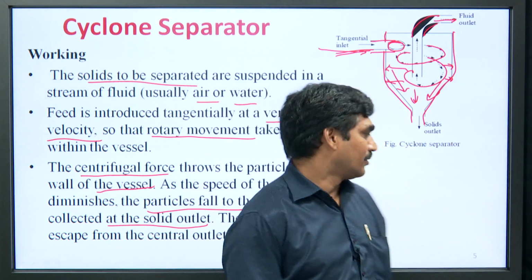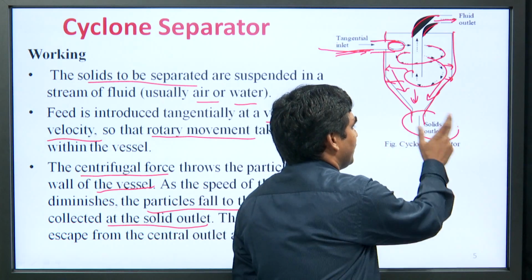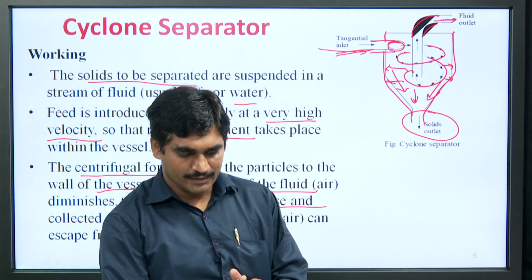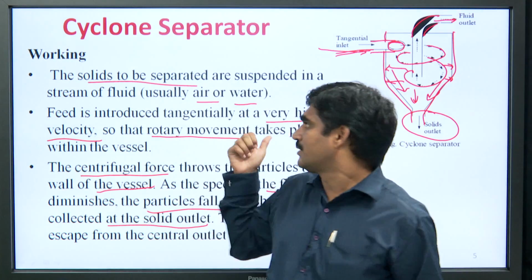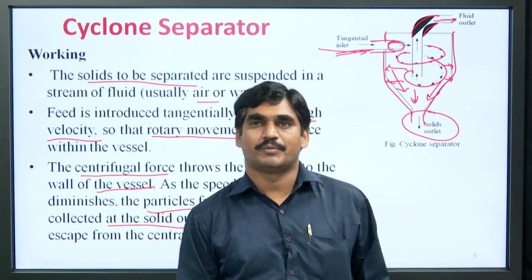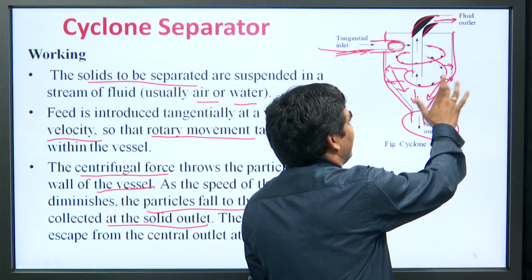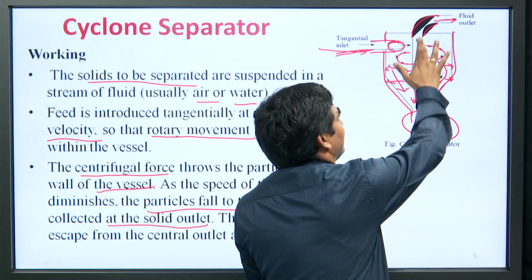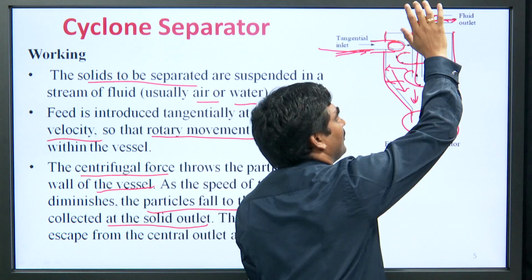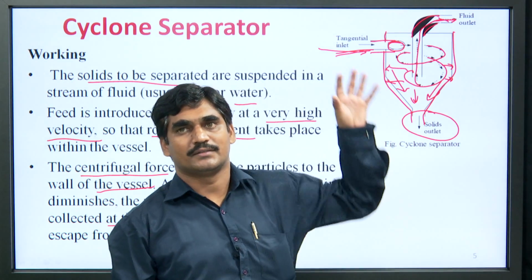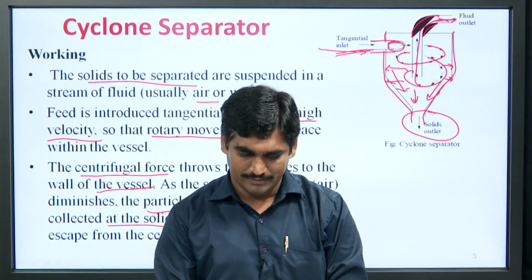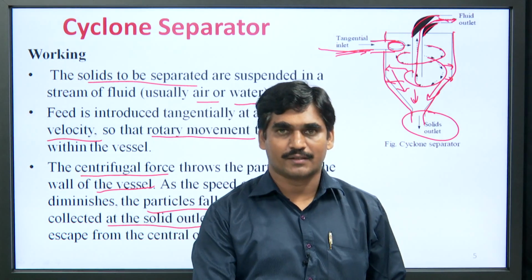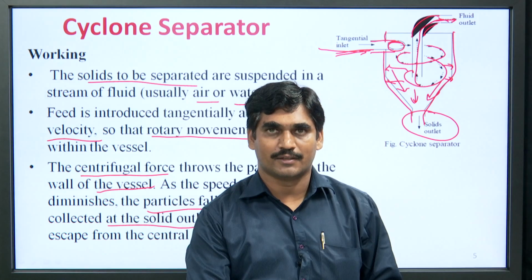From this solid outlet portion, the particles are collected. The fluid which is entering into the cyclone separator, after rotating, comes through this fluid outlet pipe and is collected at the top of the cyclone separator, that is the central outlet at the top position of the cyclone separator.